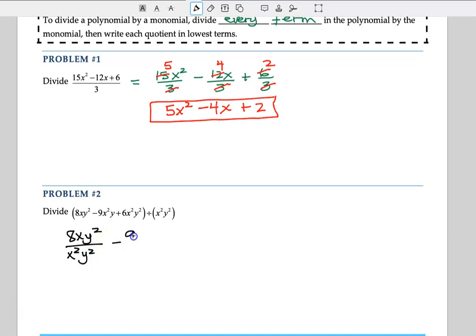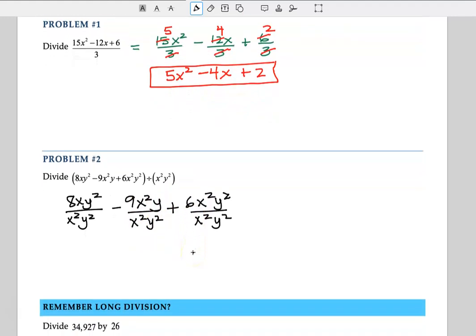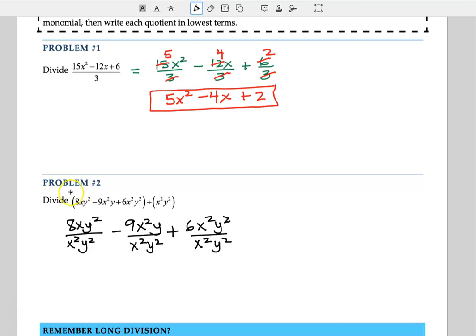Right, so I'm just going to do each of these terms divided by x squared y squared. All right, and then on this we'll have to use some properties of exponents when we're simplifying the variables in this. And so make sure you're thinking back, right, how to do that.